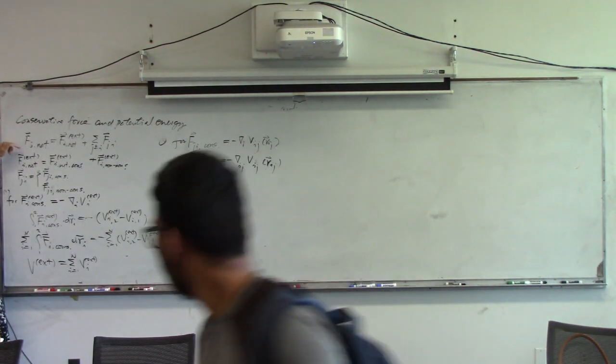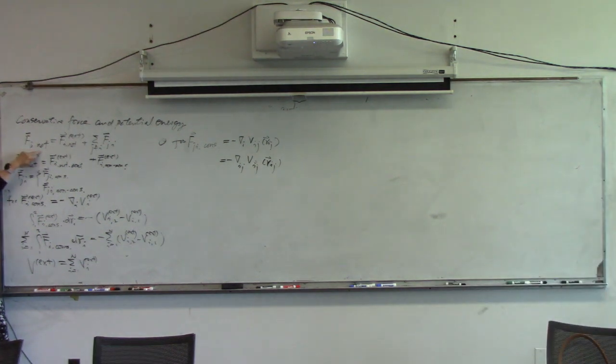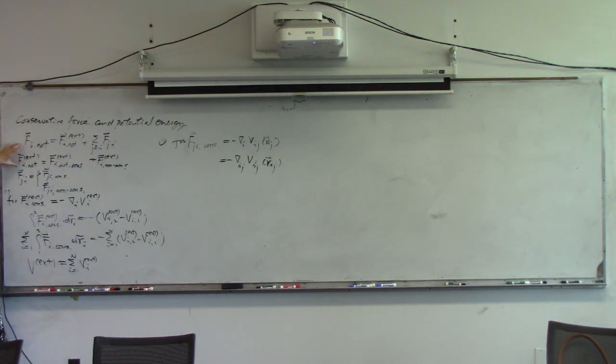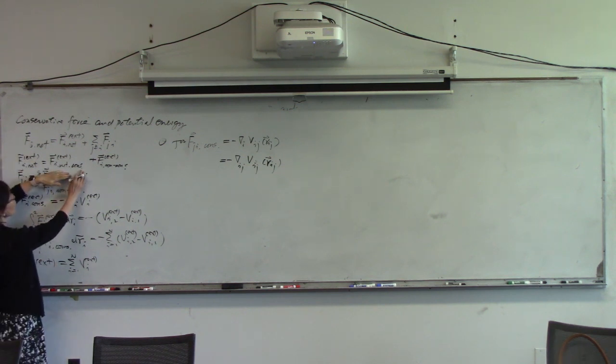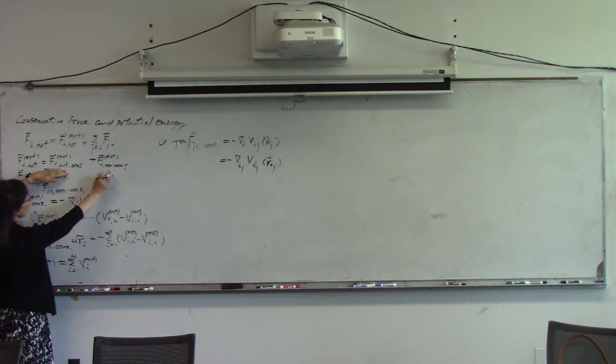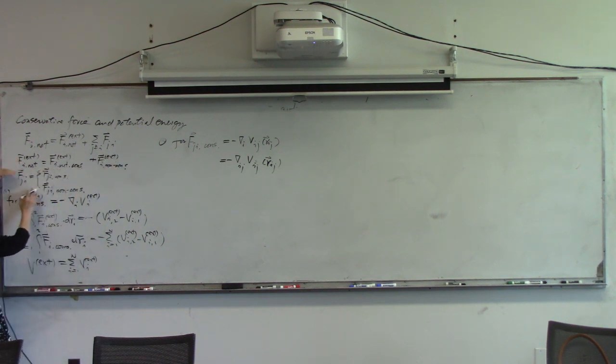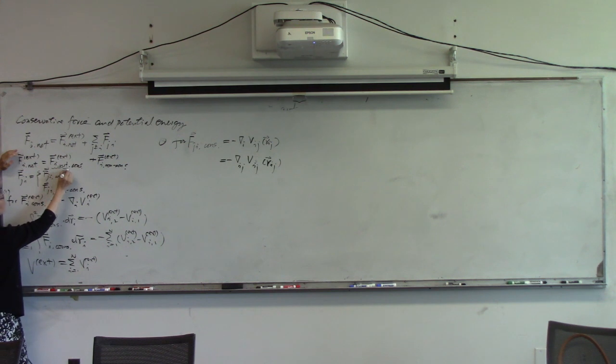So we consider for the ith particle, the force on the ith particle has two parts, external and internal. For the external, we can separate into either conservative force or non-conservative force. Then for the internal, the force is also conservative or non-conservative. So now let's look first at this term.